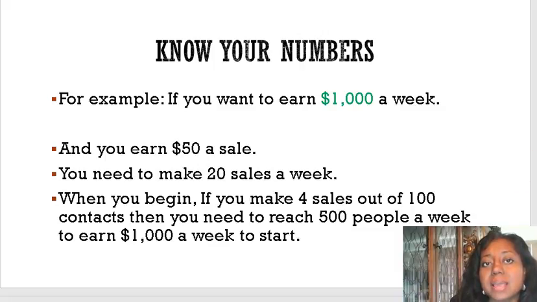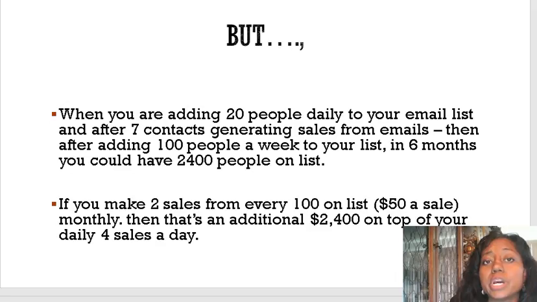But over time, as you compound those income producing activities and you literally do them every single day, Monday through Friday, during your work time, prospecting and reaching out, and you stick to those numbers, something really awesome happens. So we're going to skip to 6 months ahead.